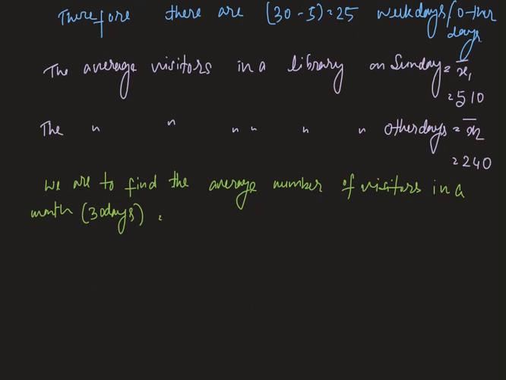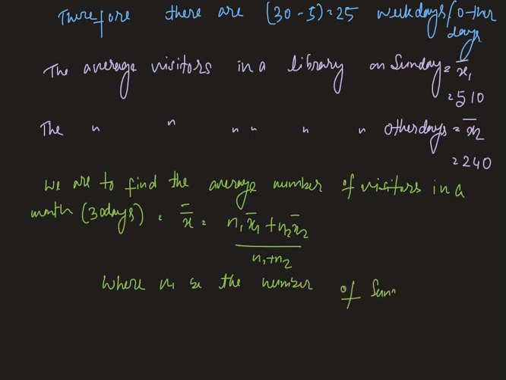So this is like the pooled mean, so we can denote it as x double bar, and it is equal to n1 x1 bar plus n2 x2 bar divided by n1 plus n2, where n1 be the number of Sundays and n2 be the remaining days.